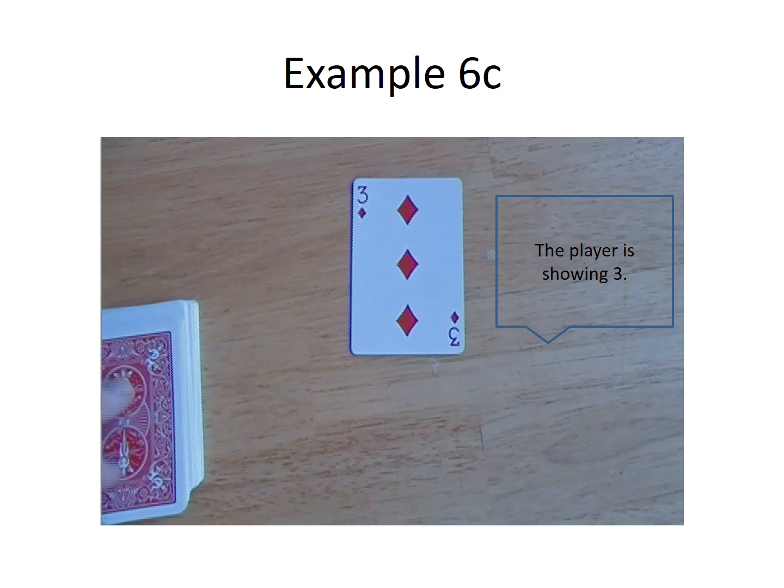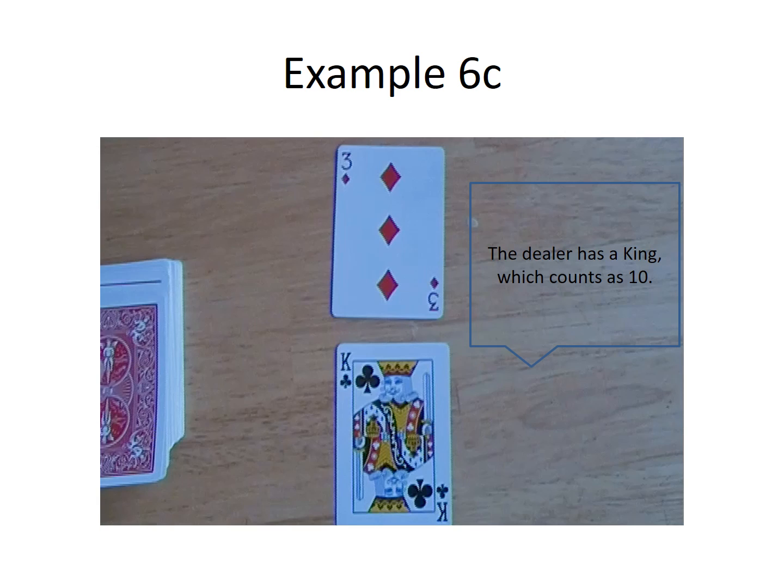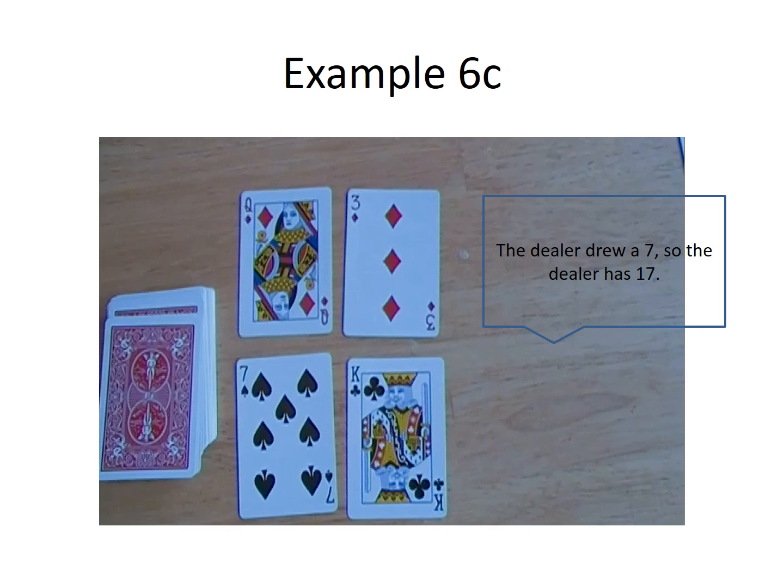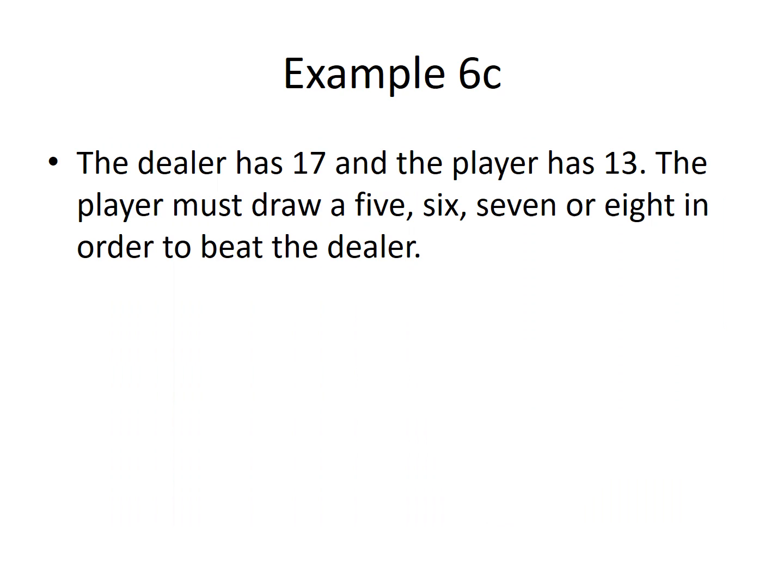A third example. Right now the player has 3. The dealer has a king, which counts as 10. The player draws a queen, which also counts as 10, so now the player has 13. The dealer drew a 7, so the dealer has 17. The dealer has 17 and the player has 13.